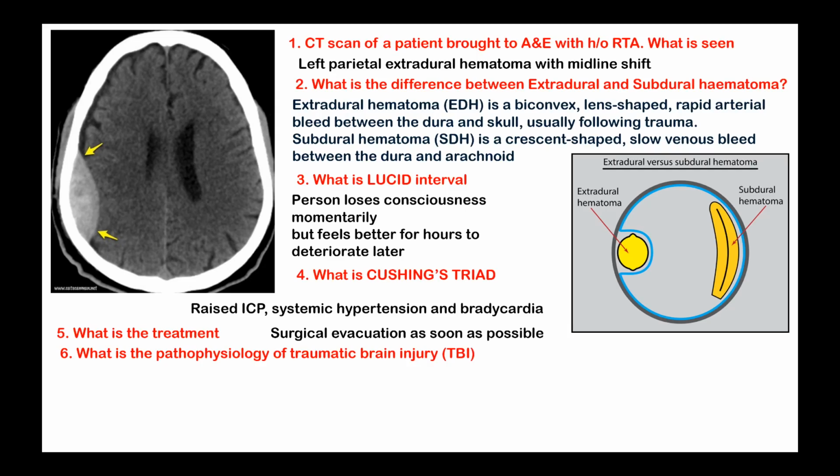At the time of injury is primary, and it evolves over hours to days. Whatever happens after hours to days are secondary injuries, sir. The primary injury will be contusions, lacerations, hematomas, or diffuse axonal injury. But secondary injuries are edema, ischemia, ICP elevation, or hypoxia.